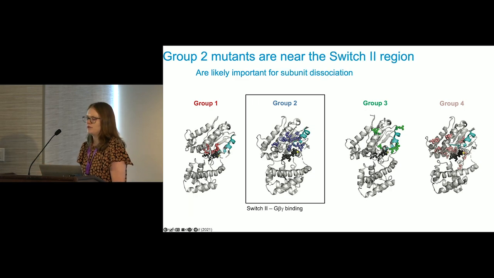A second group of mutants cluster in what's known as the switch 2 region, and this is responsible for recognizing GTP binding and thus release of beta gamma. So we expect mutations in this region to impair the ability of G beta gamma to dissociate from G alpha.